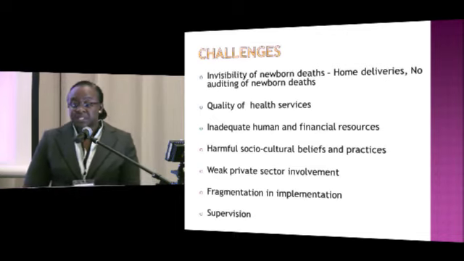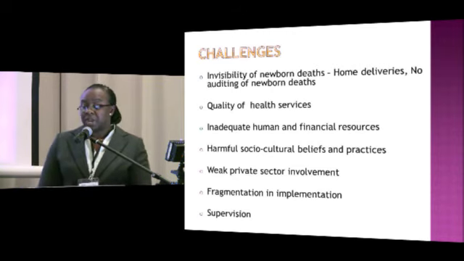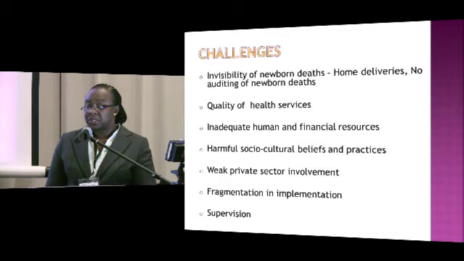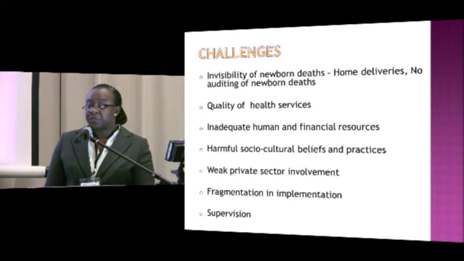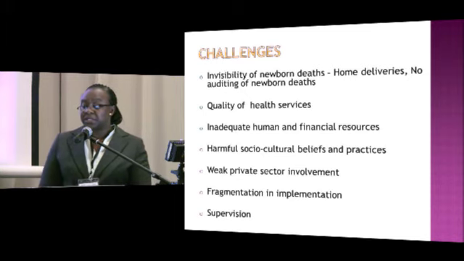Quality of health services is also not up to scratch, and that is one area that we need to improve in terms of skills of health workers, as well as equipment and other facilities to work with. Inadequate human and financial resources is still a challenge, and we have harmful sociocultural beliefs and practices to contend with.